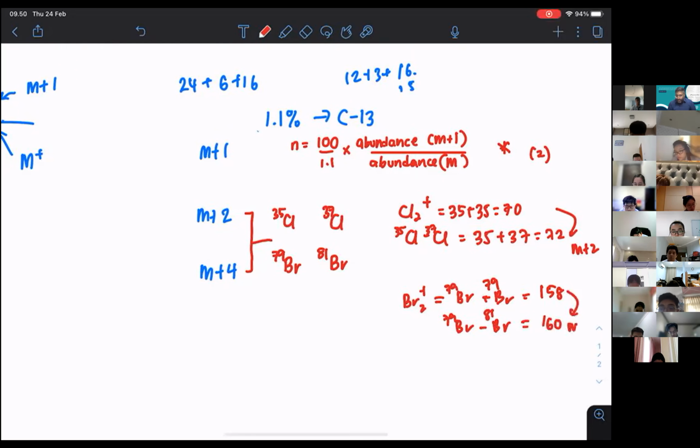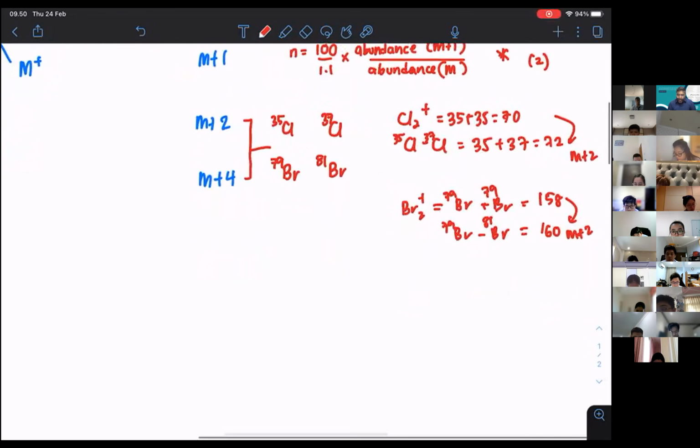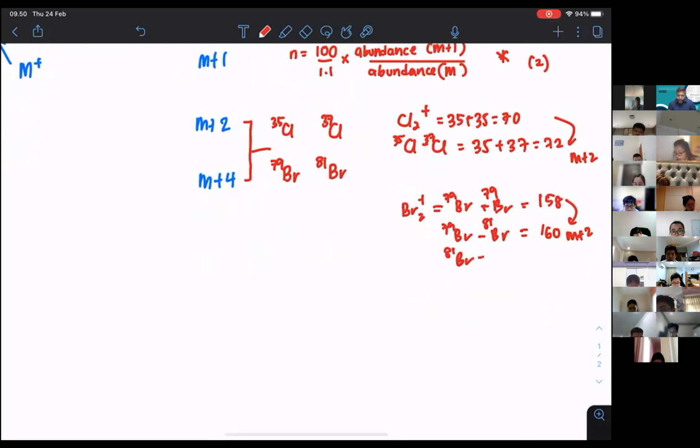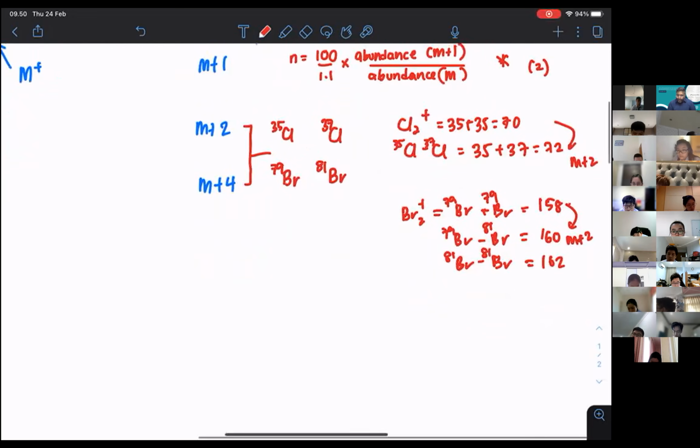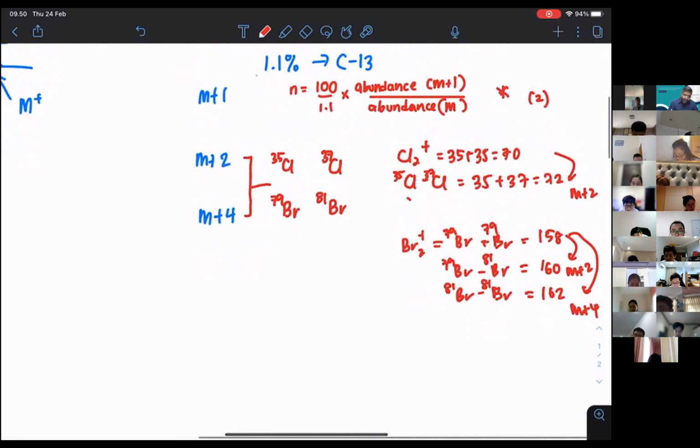You can see that is M plus 2. Sometimes we have Br81 and Br81, which is another increase of 2, so that's 162. From here to here is M plus 4. The same thing here, Cl37 and Cl37, you are going to get 74. So this is going to be M plus 4.